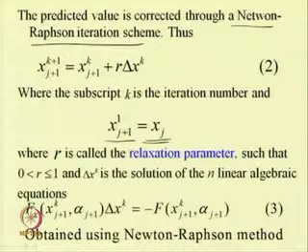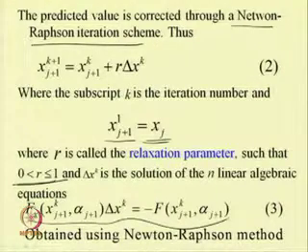Here r is the relaxation parameter, such that 0 less than r less than or equal to 1, and delta x^k is the solution of the n linear algebraic equations obtained from the Newton-Raphson method.